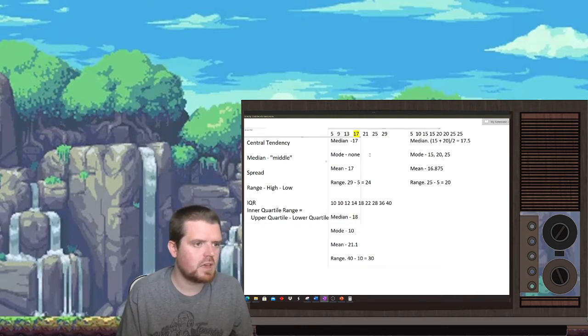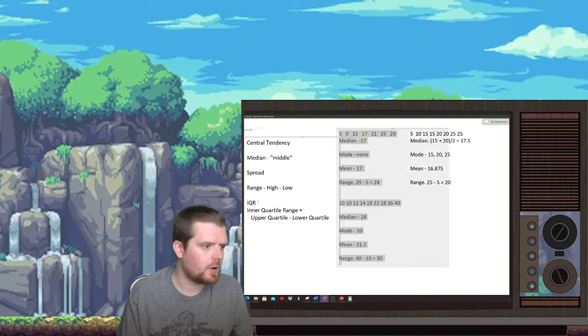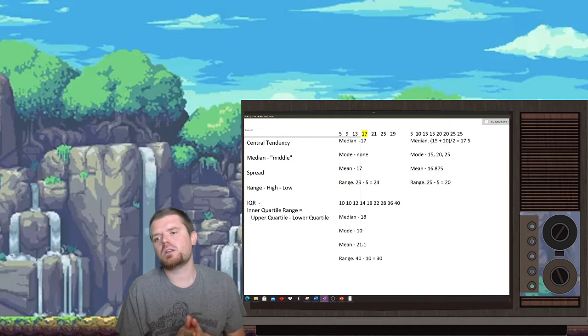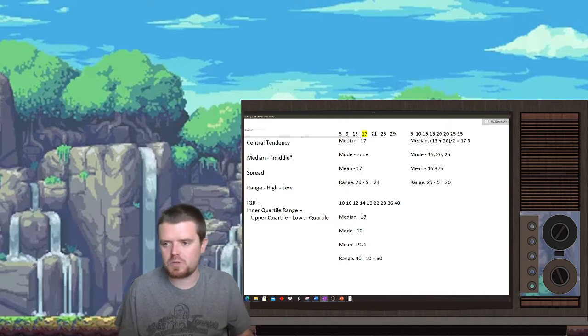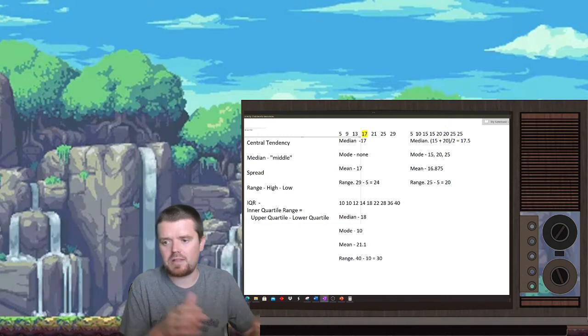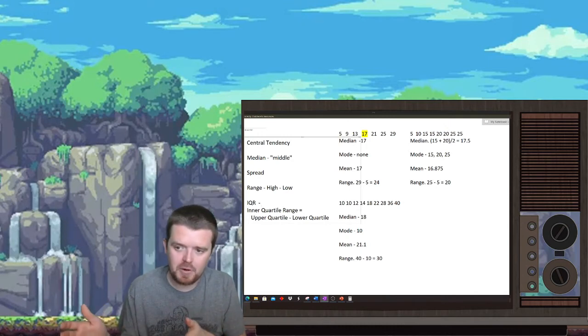So the way of thinking of these is if your median is in the middle, then your quartiles are a quarter of the way through. So the lower quartile is the middle of the lower half, and the upper quartile is the middle of the upper half.